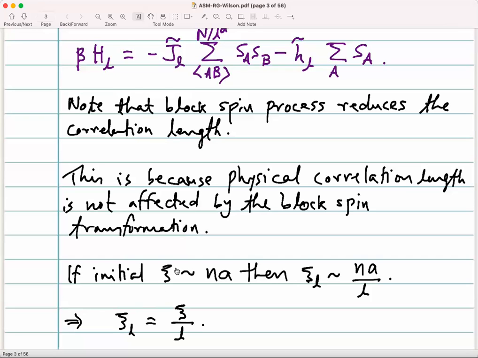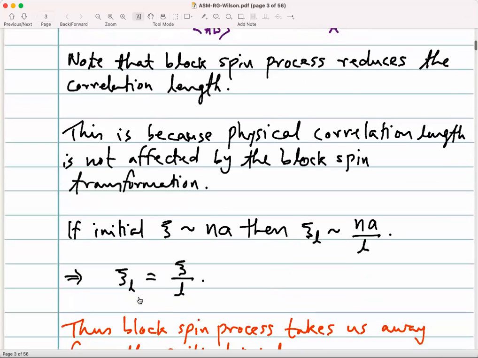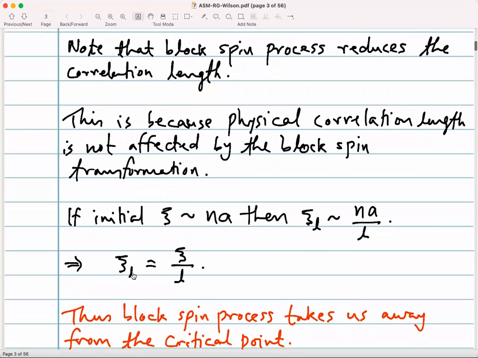So initially, if xi was some large number n times a, then xi_L is n times a upon L, and therefore xi_L is smaller than xi. That means after doing the blocking, the correlation length is actually reduced. But that reduction means you are going away from the critical point, because as you approach the critical point, the correlation length goes to infinity.